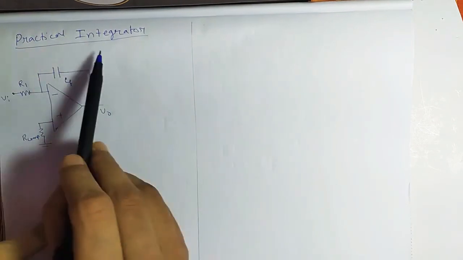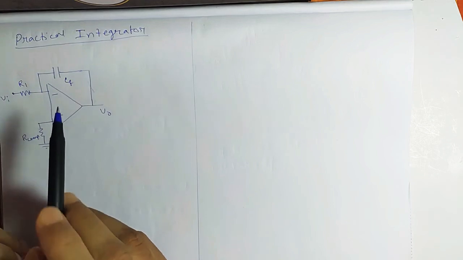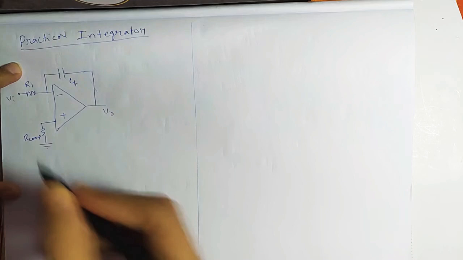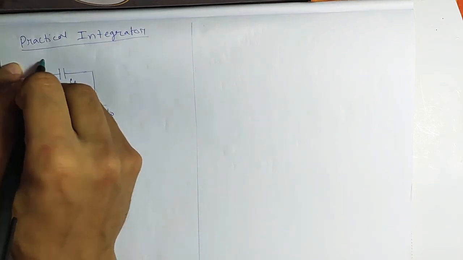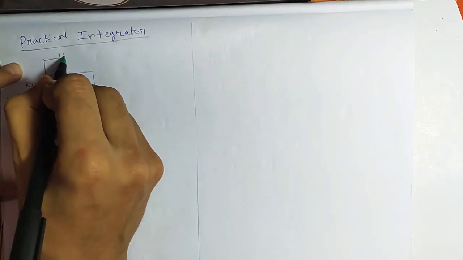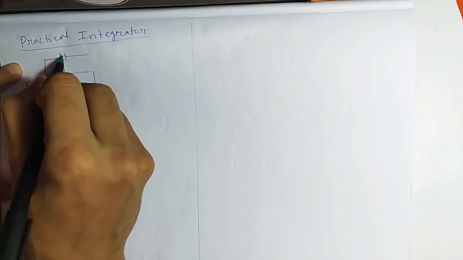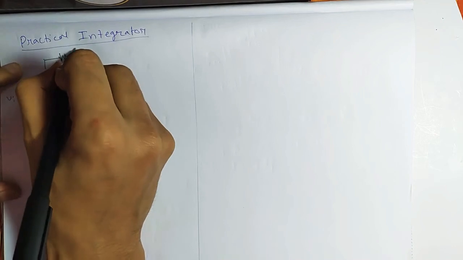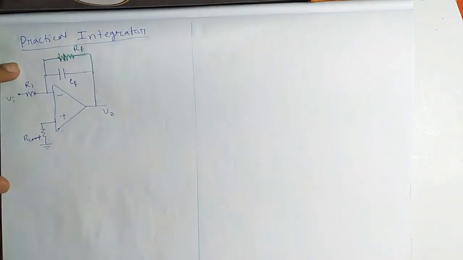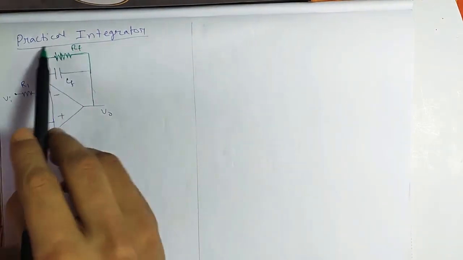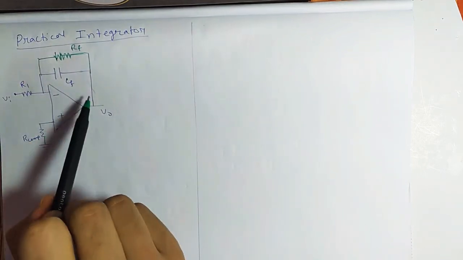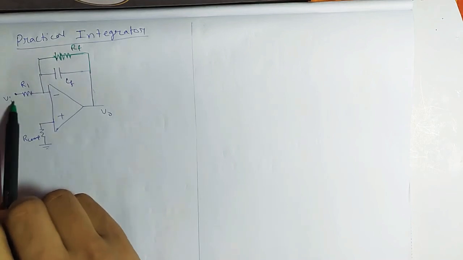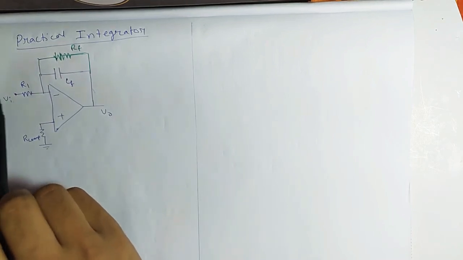So in this case, to avoid this kind of circumstance, we'll add one extra resistance, that is the feedback resistance RF. The purpose of this RF is to provide negative feedback for the DC component at the input side.